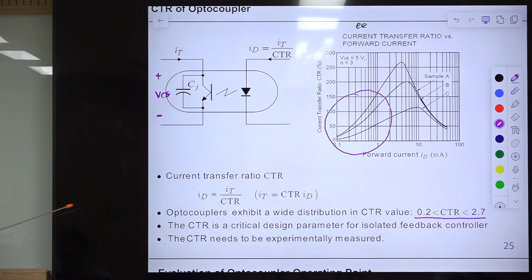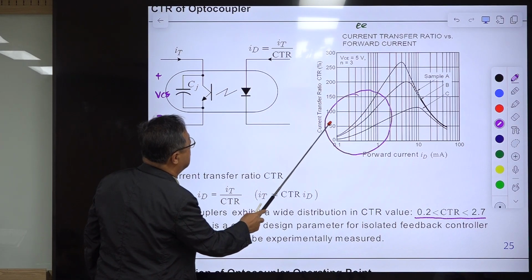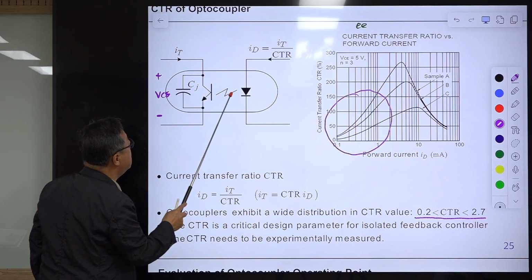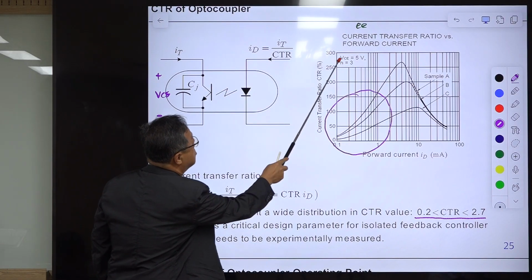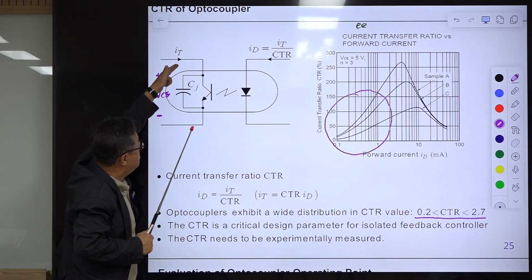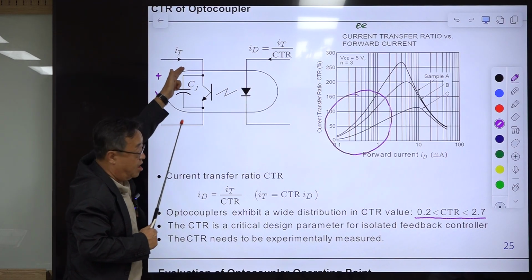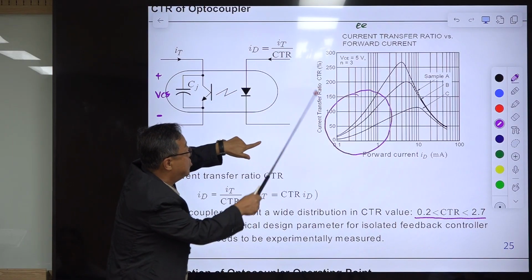This is the curve, this is the forward current, and this is the CTR. CTR is the ratio between this and this. This varies with VCE. The bias voltage of this phototransistor directly affects this transfer ratio.